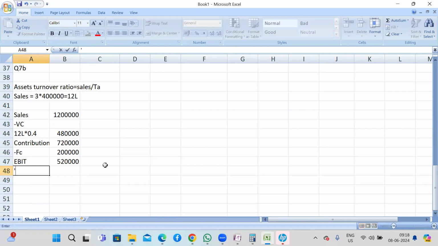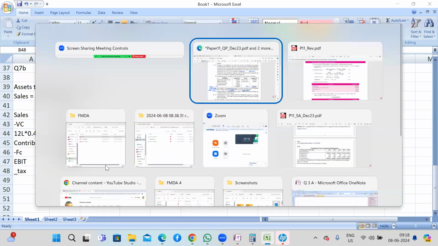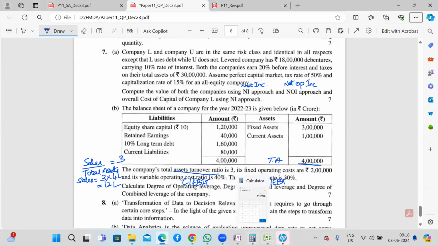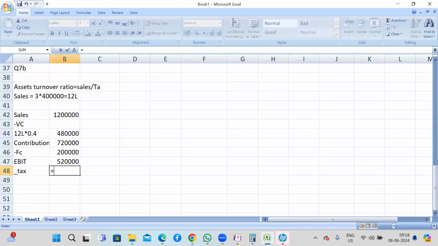So now I want to calculate tax. 30% is my tax rate. So that is 5,20,000 into 0.3. So EBIT minus tax, that is profit after tax or EAT, whatever you can say. 5,20,000 minus 1,56,000, that is, sorry, here I missed your information.